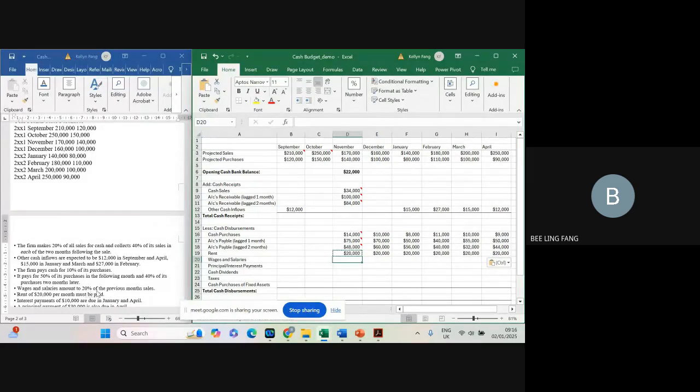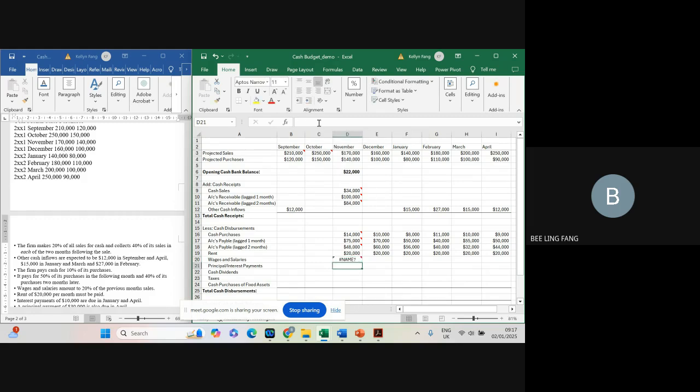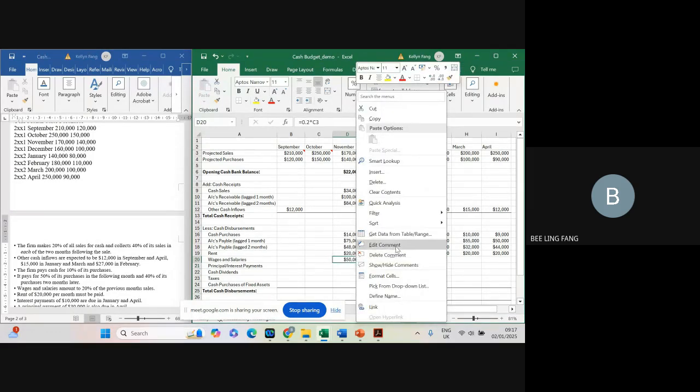Wages and salary is 20% of the previous month. Okay. Just put here 20% from the previous month. So October. 20% of the sales, right?